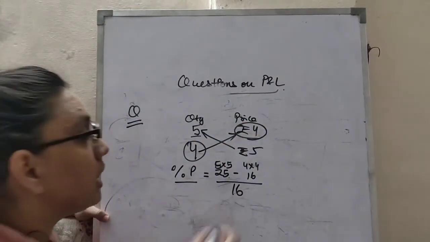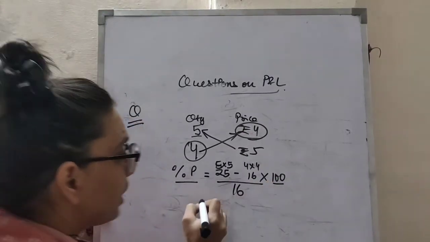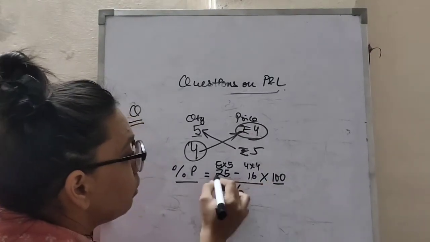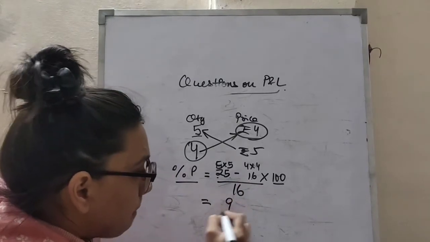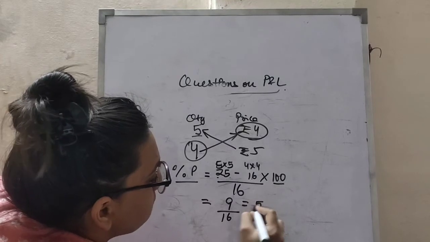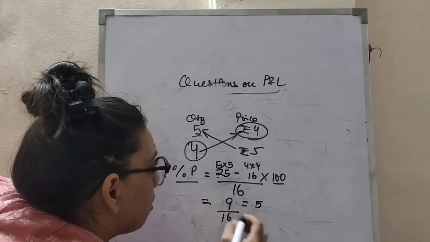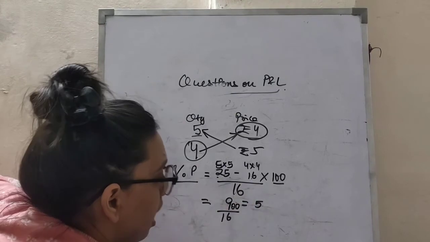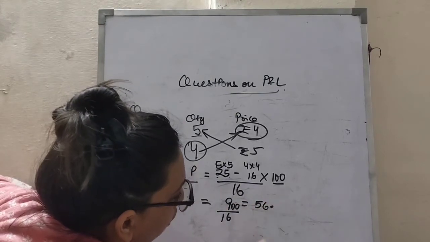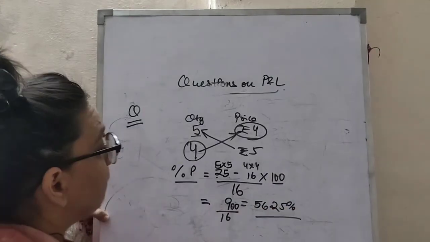Okay, so this will give you profit percentage which will be multiplied by 100. So this will be equal to 9 by 16, which is equal to 56. Sorry, I forgot to put here 100. 56.25.